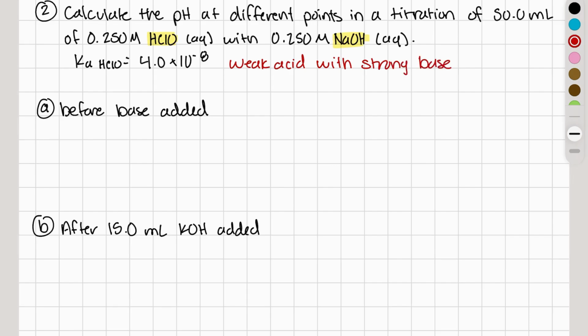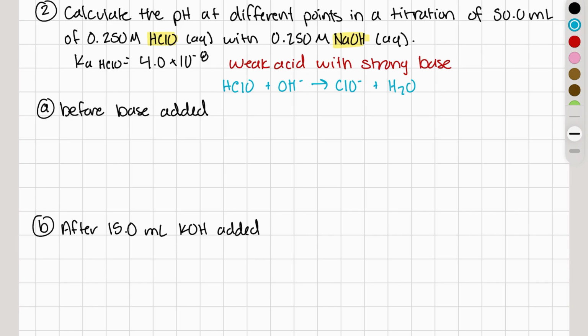So we have a few different steps that we're going to want to take, a little differently than how we did the first problem, which was a strong acid with a strong base. So I'm going to start with very similar first steps. I'm going to first write out the full reaction, and I'm going to find VE. So in this case, I have HClO reacting with the strong base, and it's going to give me ClO minus and water.